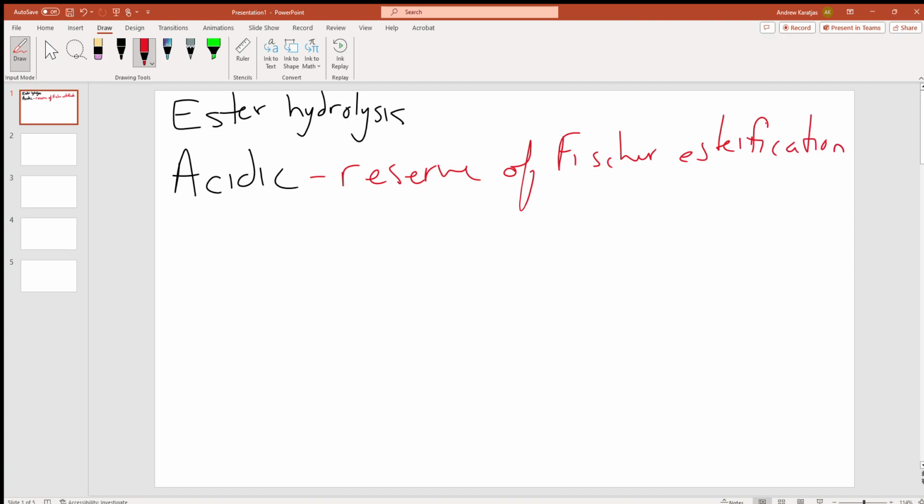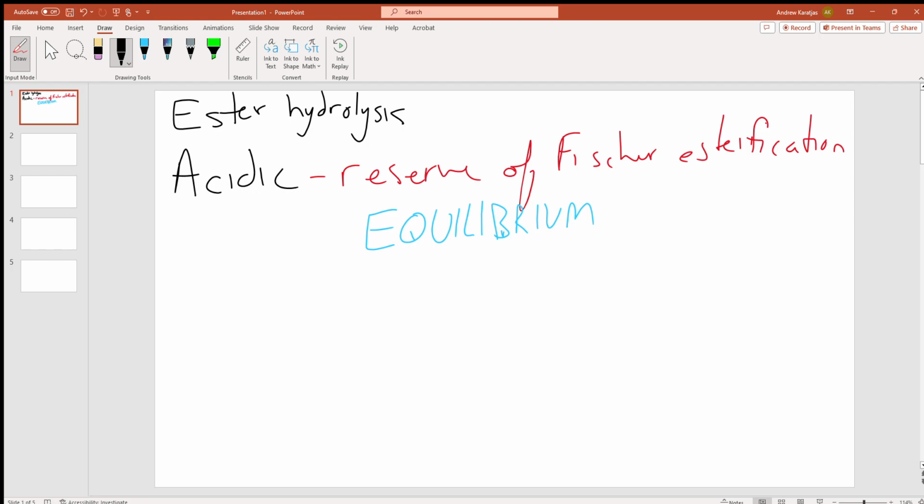Now, the unfortunate side of this reaction is that just like with the Fischer esterification itself, equilibrium is going to be a major factor in this reaction, and there's really no way to avoid it. So we'll talk about that one first briefly.